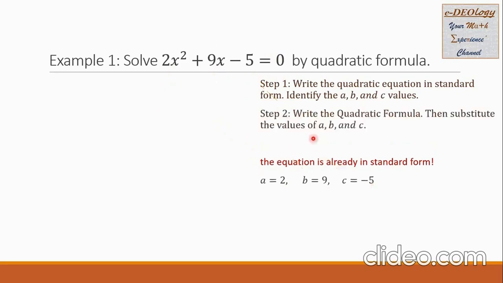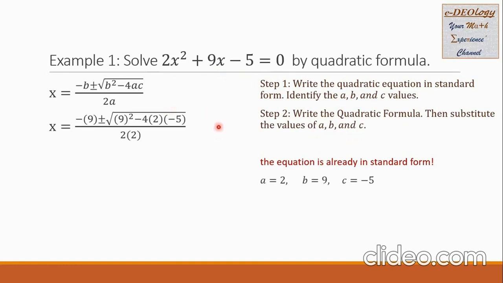Step 2. Write the quadratic formula. Then substitute the values of a, b, and c. Here now is our quadratic formula. And then we substitute the values of a, b, and c. It is now the negative of b, and that is 9, plus or minus the square root of 9 squared minus 4.